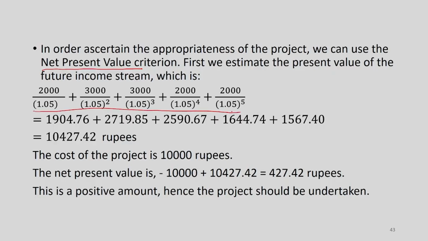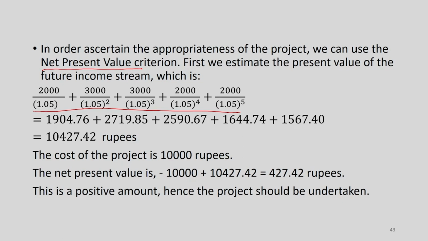So here is an application of the idea of present value. This income stream is not occurring today, it is accruing to the producer in the future. So how much is that money which is accruing to him in the future valued from today's point of view? That is called the present value.